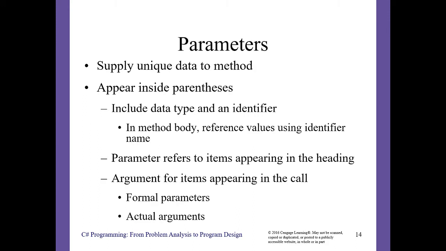Now, within our parentheses for our method, we're going to be specifying what kind of input the method requires, and we'll specify that input as parameters. And parameters are going to say, I require this information to do my processing. Now, when we declare a parameter, we have to say what type of data that parameter is and give it a name.